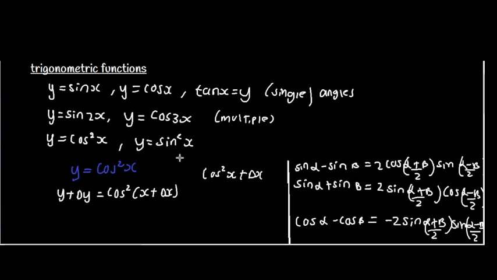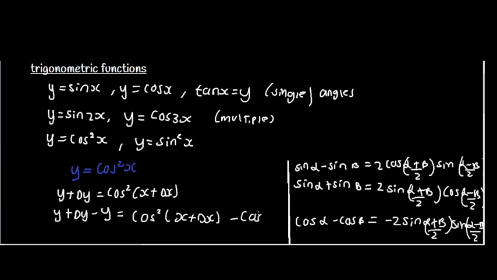After adding small changes, we can subtract the two equations. So we shall have y plus change in y minus y equal to cos squared of x plus change in x minus cos squared x.